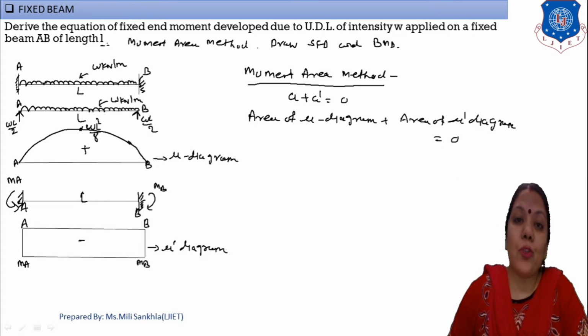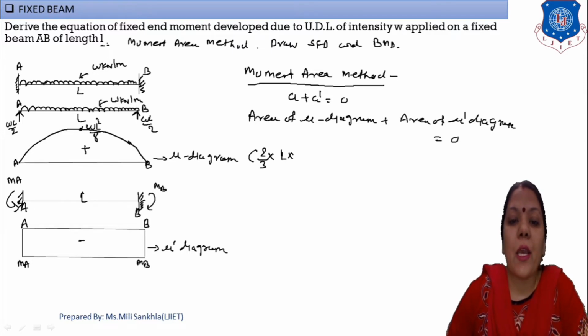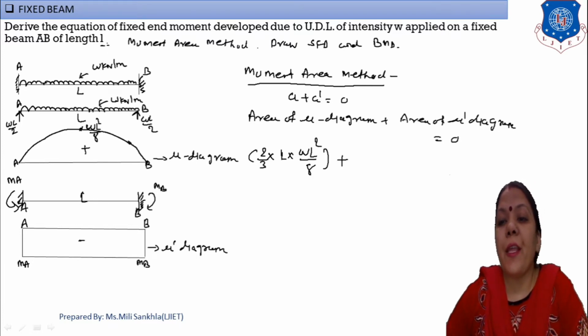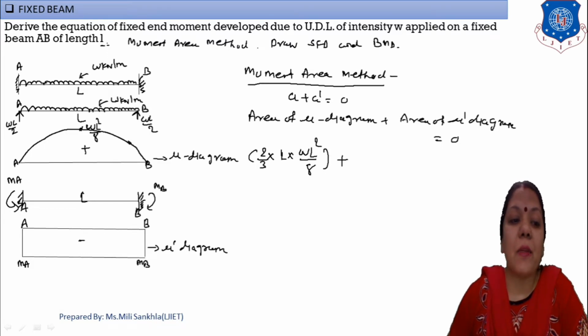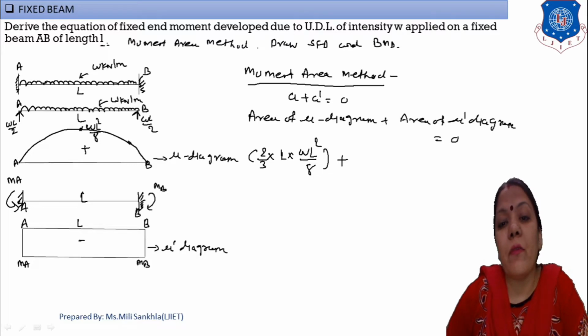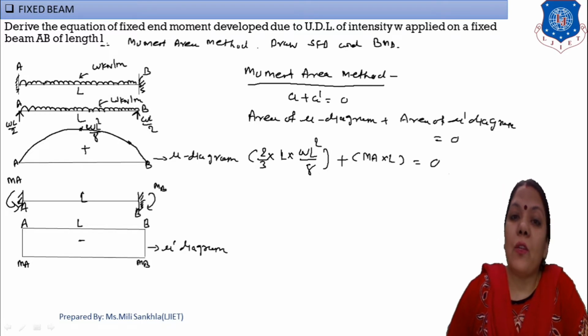Now what is the area of this mu diagram? Outward parabola means 2/3, so take 2/3 into distance L into height of this diagram, WL square by 8, plus the area of the mu dash diagram, with distance L, where MA is equal to MB, so we can take MA or MB. This is equal to 0.